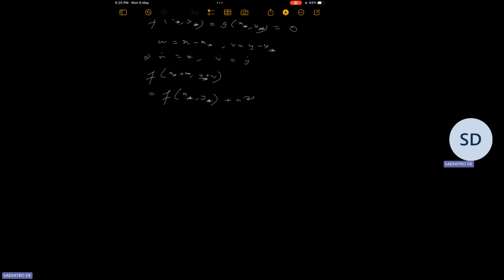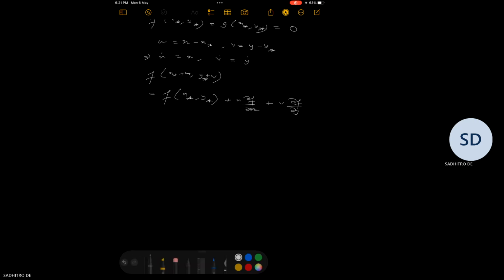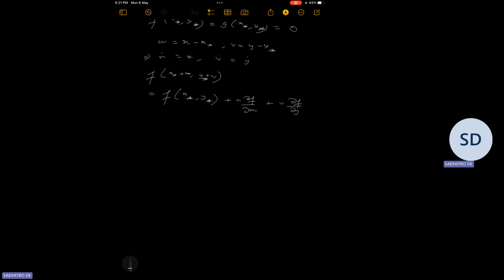It is a two-dimensional Taylor series expansion, therefore we have partial derivatives instead of full derivatives, plus higher order terms.